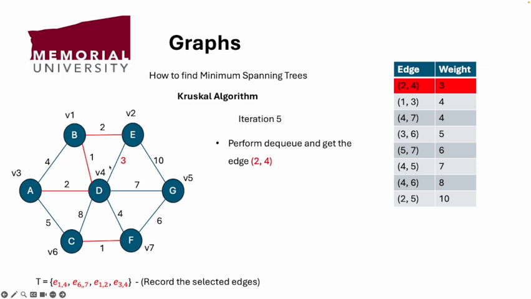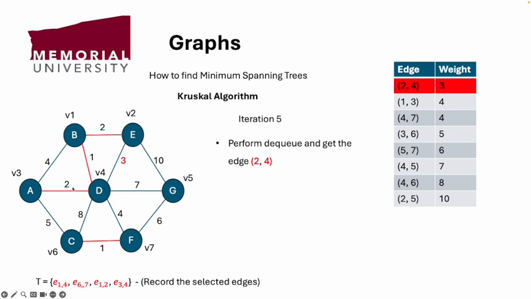We dequeue the edge 2 and 4. Are V2 and V4 in the same tree or not? Yes, because we can find a path linking V2 and V4 inside this tree.